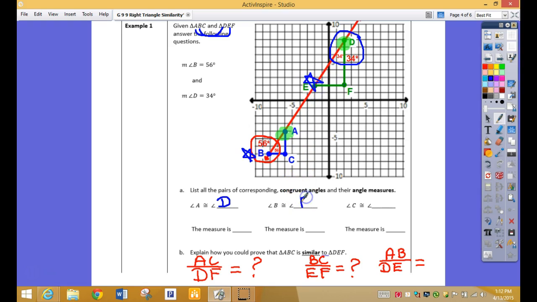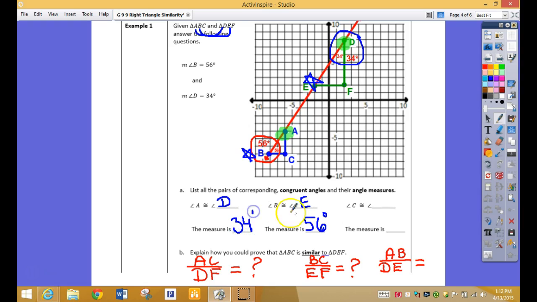What is the measure of their angles then? Of B and E? They both are what? 56 degrees. What were the angles then of A and D? Yep, they told us that these two were 34 degrees.